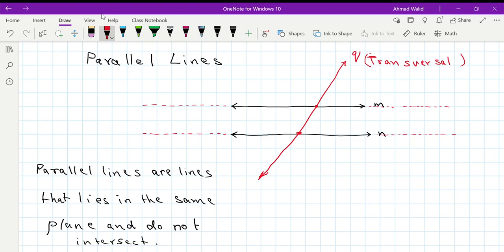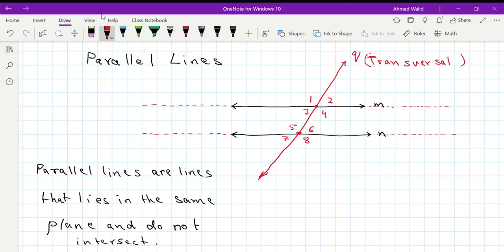As soon as it intersects, you see how many angles it's forming right now? You can even count. 1, 2, 3, 4, 5, 6, 7, 8. There are 8 angles formed here, correct? And definitely they have relation with each other.